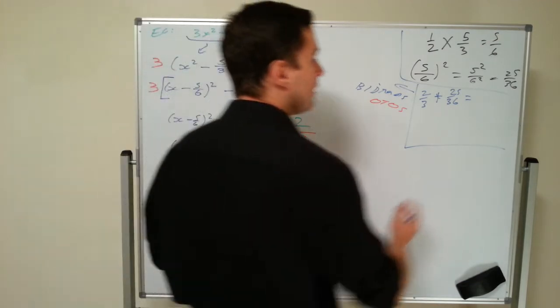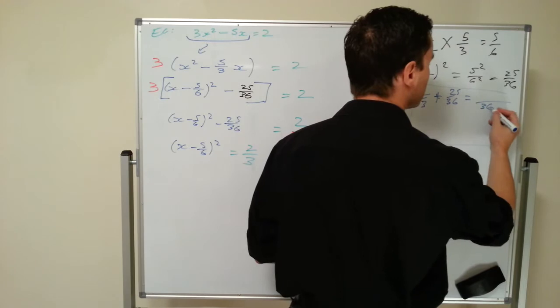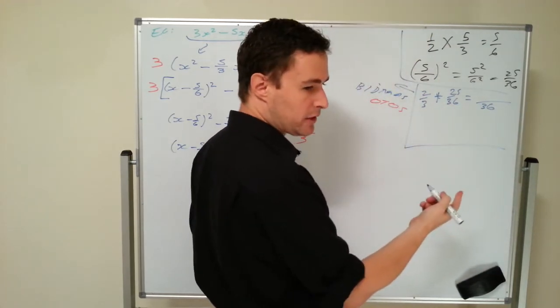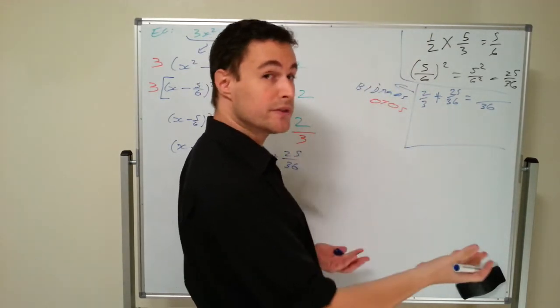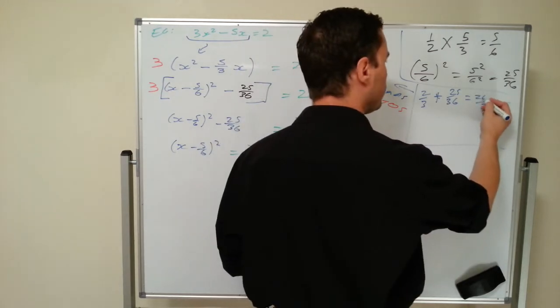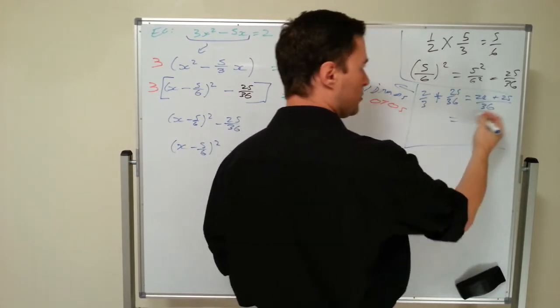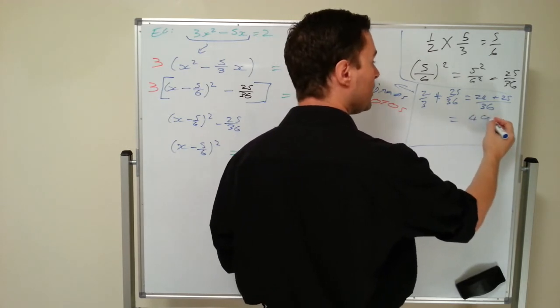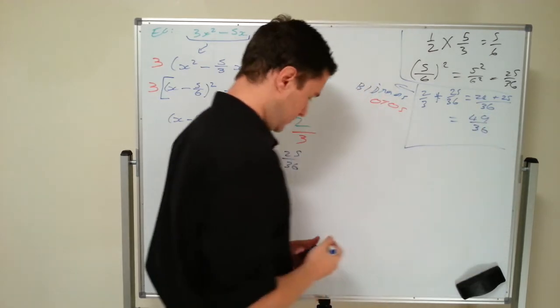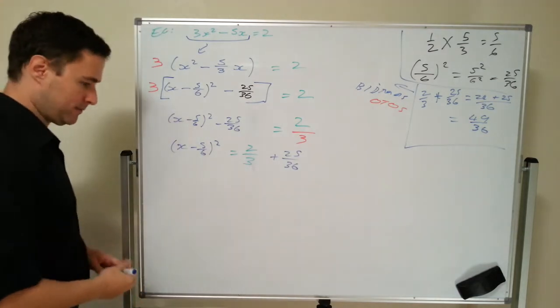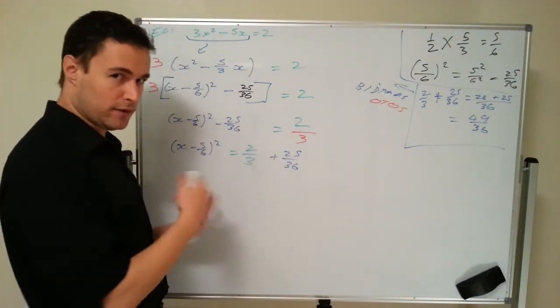What do I do to 3 to make it over 36? I times it by 12. 3 times 12 is 36. So 2 times 12 is 24 plus 25 over 36. I don't need to change him. So I get that 24 plus 25 is 49 over 36. Everyone with me? Go play that again if I lost you there.